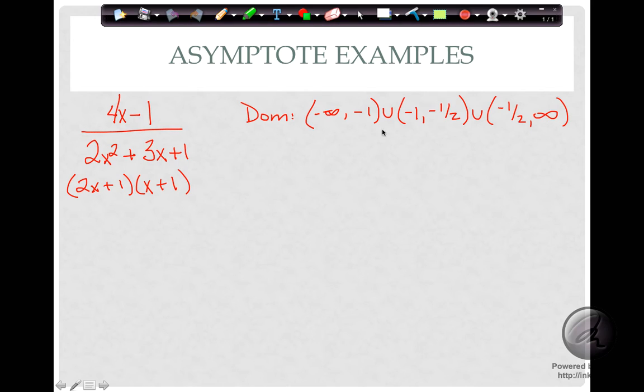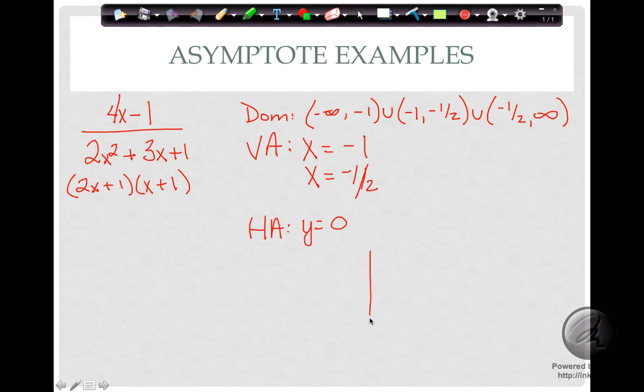So that's my domain, and that actually goes hand in hand with my vertical asymptotes. My vertical asymptote is anything that makes the denominator 0. So in this case x equals negative 1 and x equals negative 1 half. And then my horizontal asymptote in this case, this is a first degree polynomial over a second degree. So the denominator is bigger, and therefore y equals 0 is our horizontal asymptote.